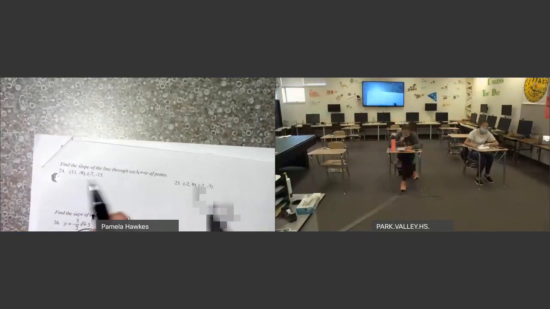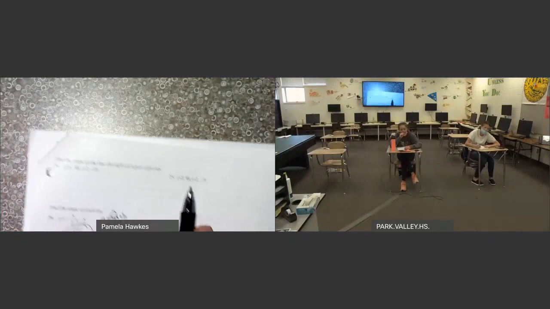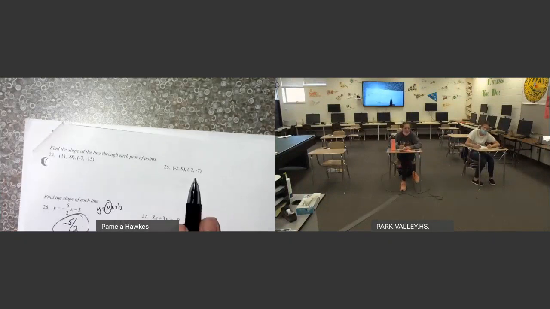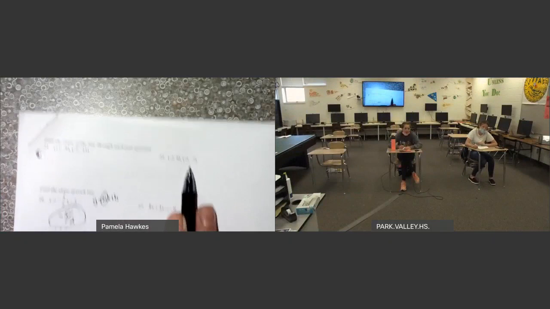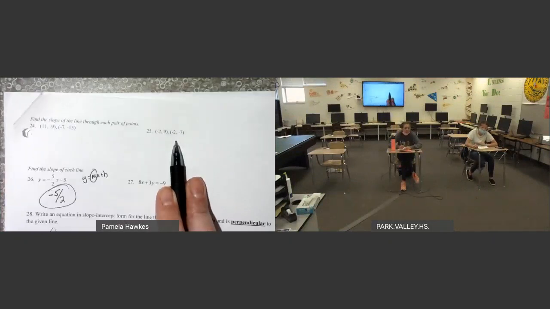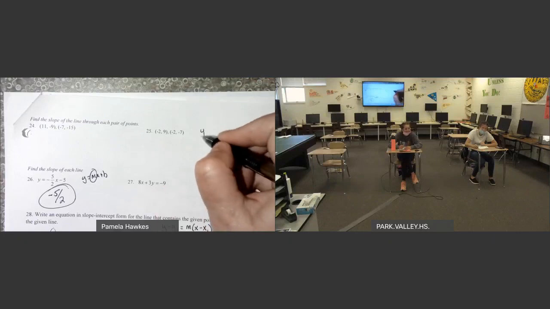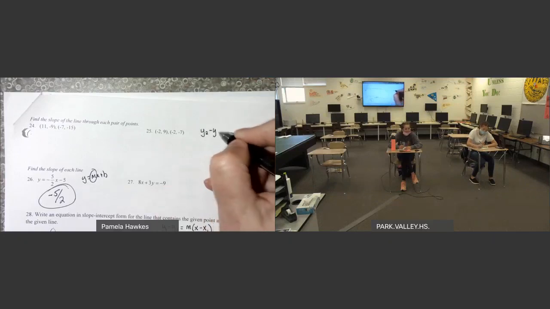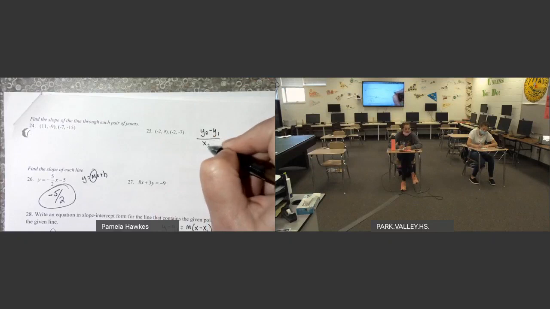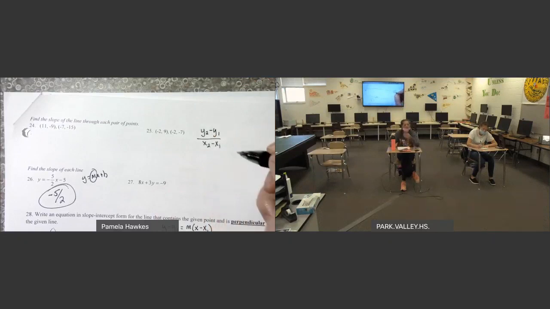25 says find the slope between these two. So here we go. How do we find the slope, you guys? Remember? There's a formula. Y2 minus Y1 over X2 minus X1, right? So here goes.